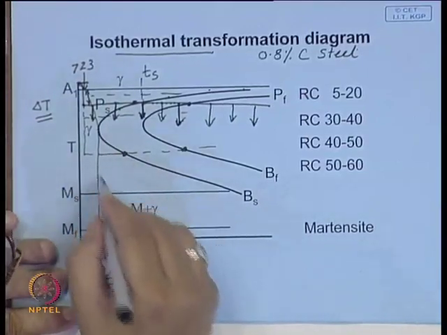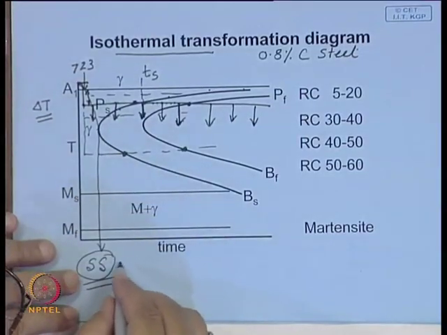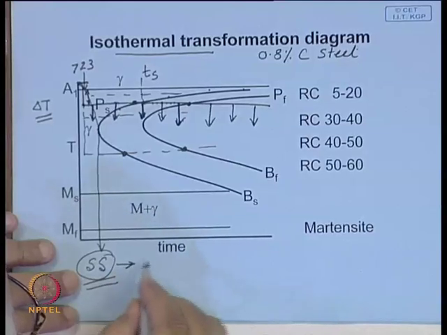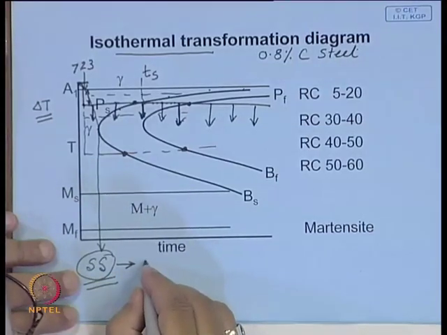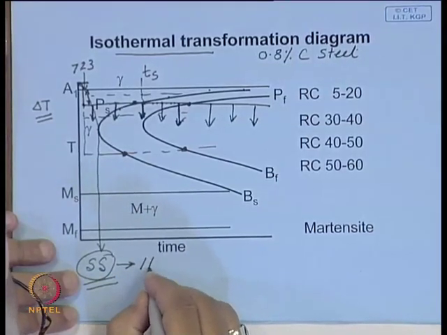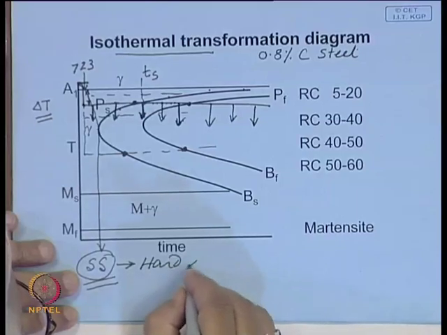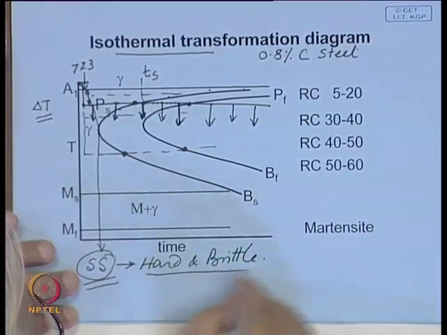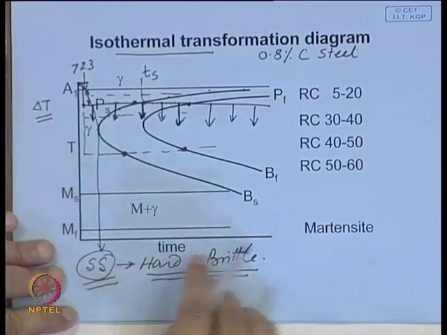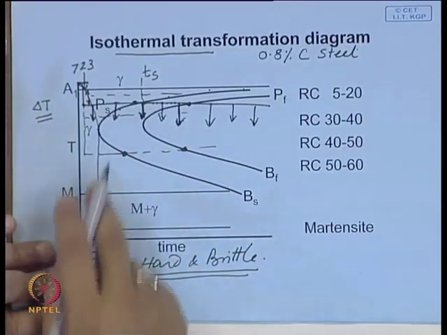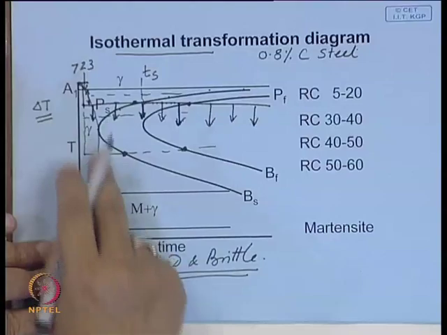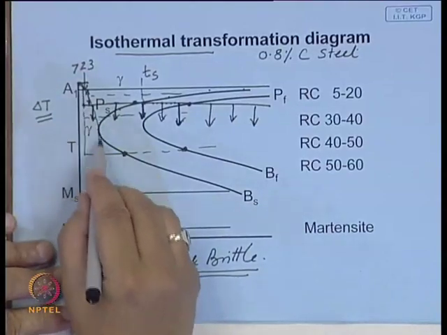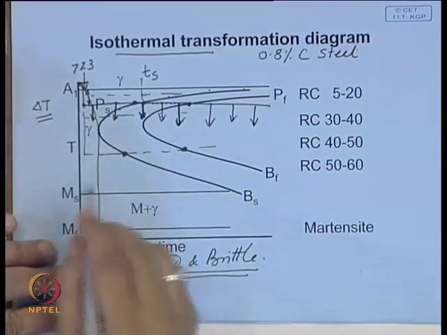Now, the difference here is, unlike precipitation hardening, this supersaturated structure is extremely hard and brittle. So, this is a basic difference between precipitation hardening and the hardening that takes place by rapid cooling in steel.